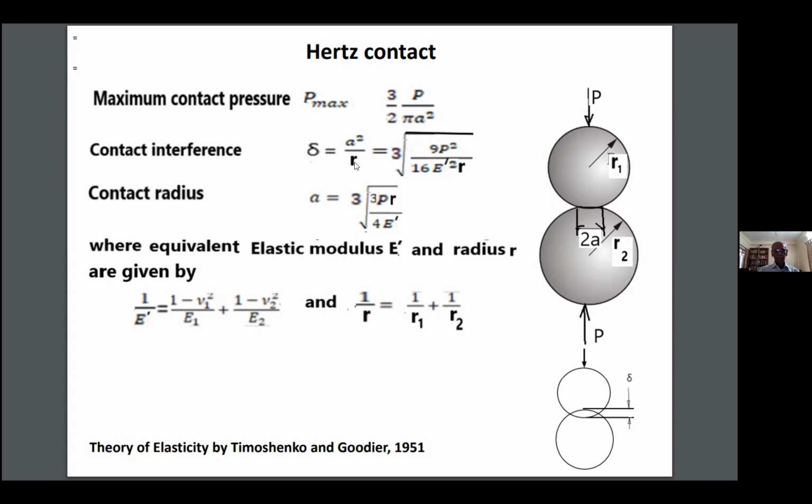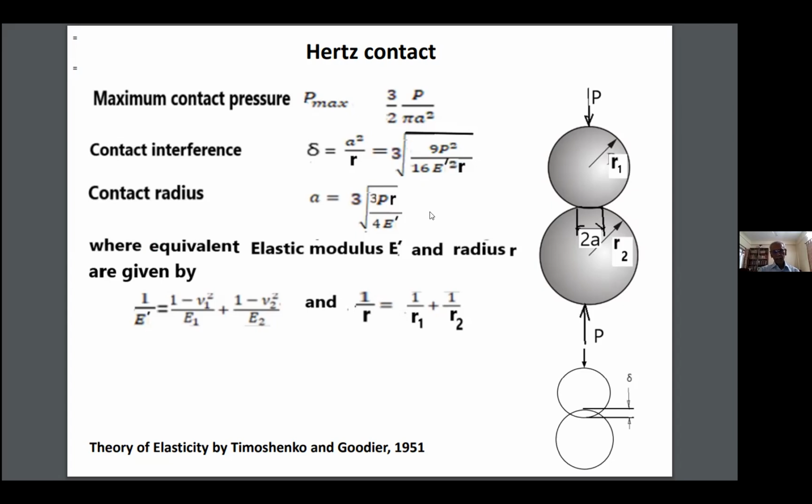A square by r comes from our previous understanding that a squared is r delta, so delta is a square by r. This we have seen before. And this has been shown by Hertz to be the cube root of 9 p square by 16 e dash square r. This is a very important equation. You need to know it for any tribological analysis.